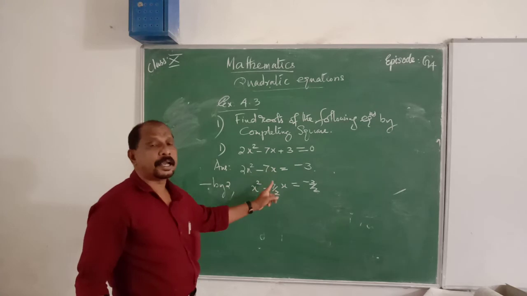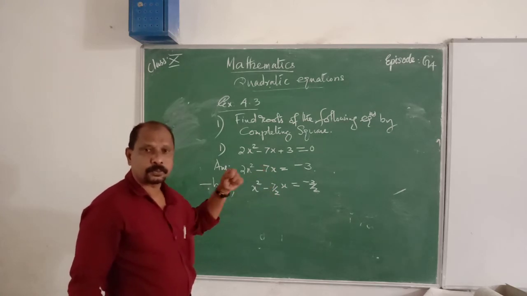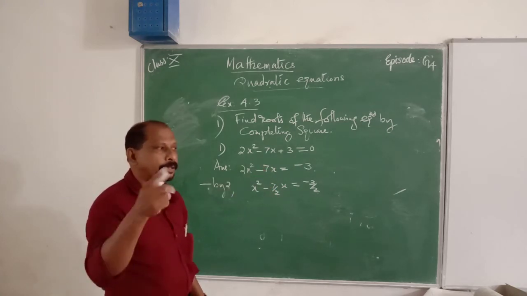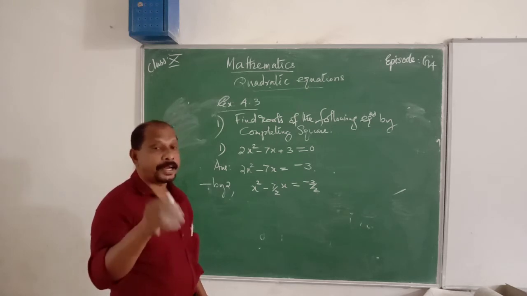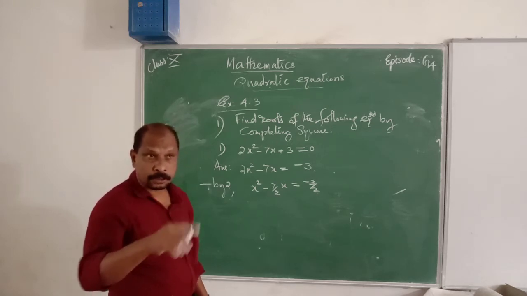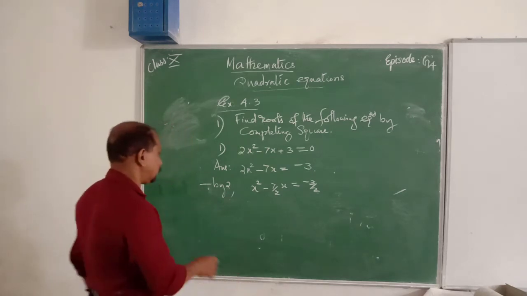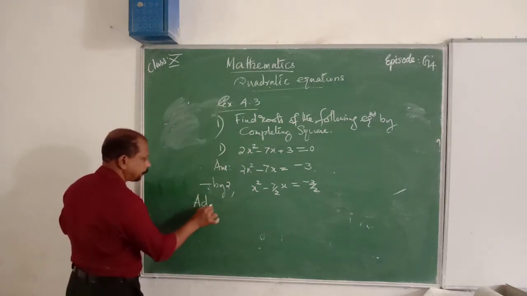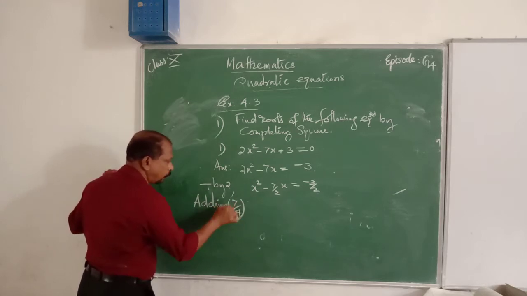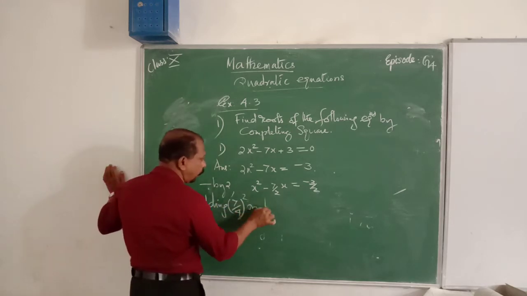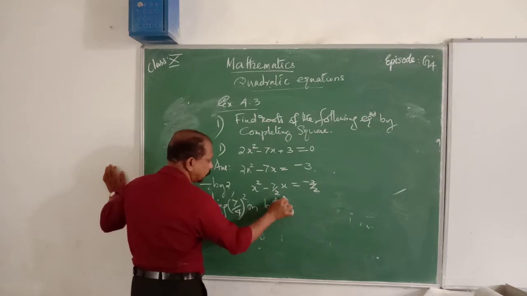Then the coefficient of x is 7 by 2. Half of 7 by 2 is 7 by 4. Therefore, adding (7 by 4) the whole square on both the sides. That is the next step.